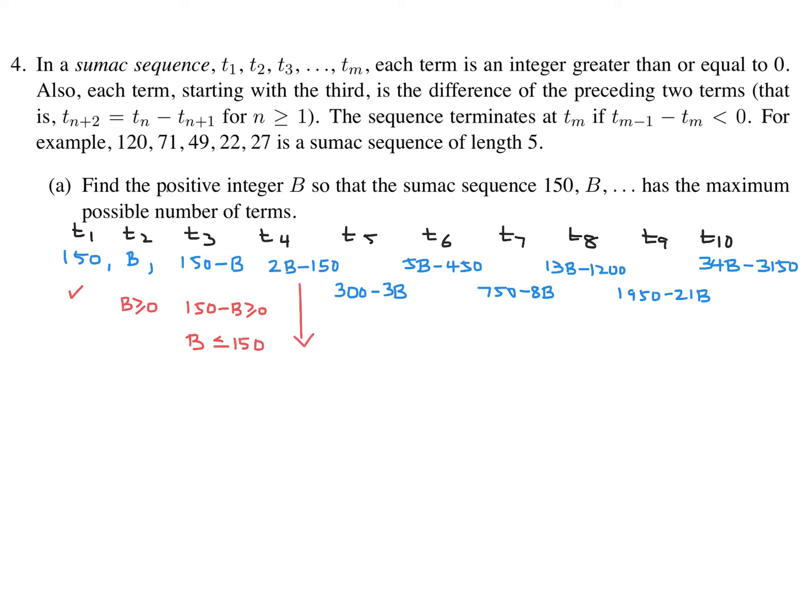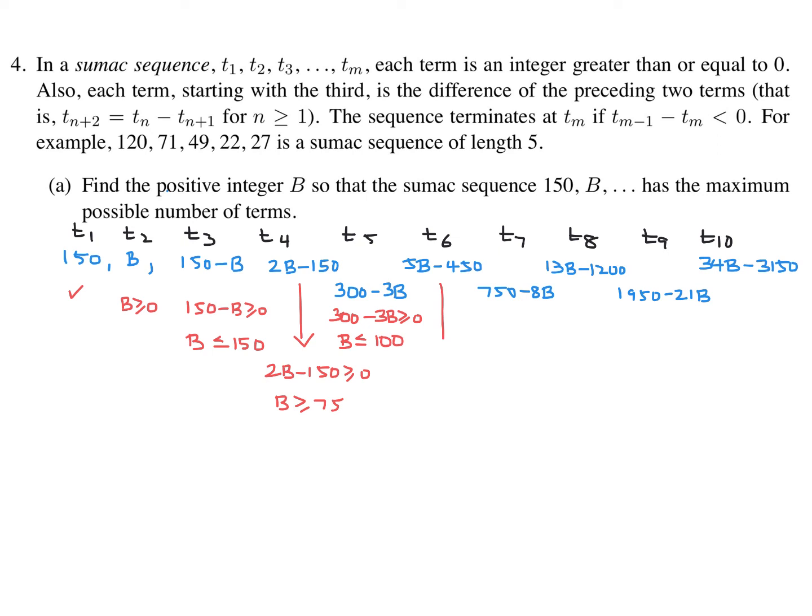For this one, 2B minus 150 has to be greater than or equal to 0, and therefore B has to be greater than or equal to 75. Similarly, 300 minus 3B has to be greater than or equal to 0, and therefore B is less than or equal to 100. You just keep going like that.